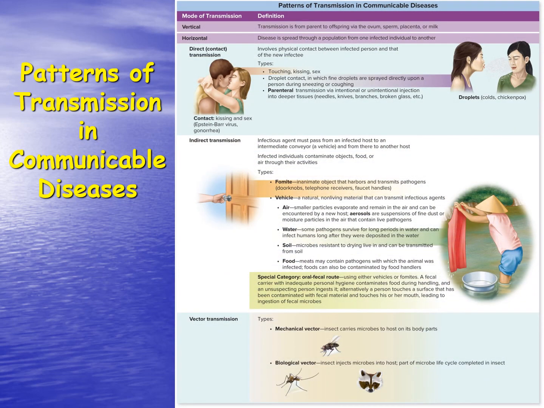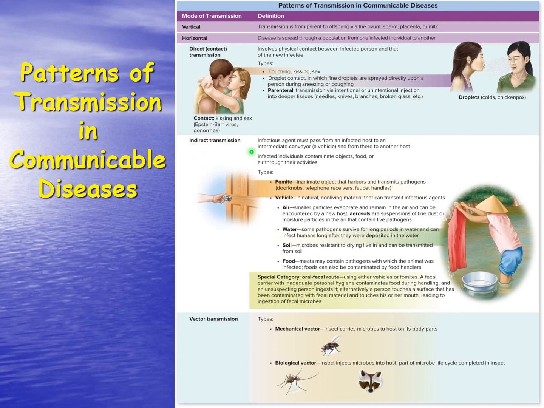Now, we can have direct contact or direct transmission, and this would include physical touching, kissing, certainly sexual activity, or close contact when droplet contact is occurring, or parenteral transmission via intentional or unintentional injection.